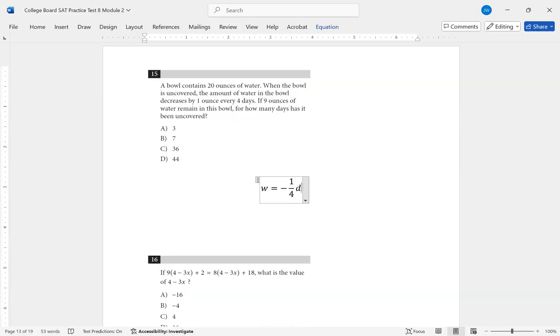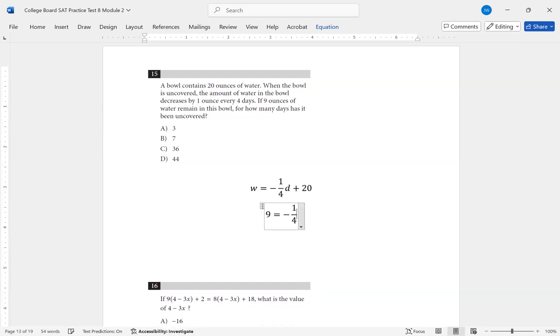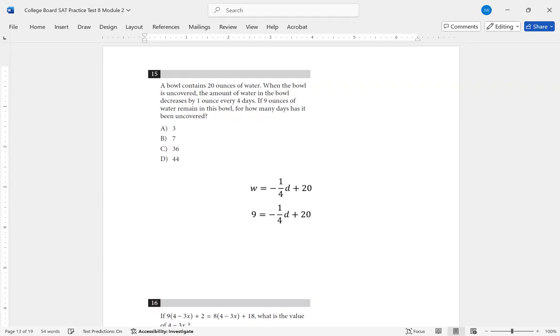So when D is 4, we lose 1. But we start with 20 ounces of water. So the amount of water in the bowl is given to me by negative 1/4 D plus 20. Now, 9 ounces of this water remain in the bowl. So we have 9 ounces of water, and we're asking how many days did it take until we got 9 ounces of water.